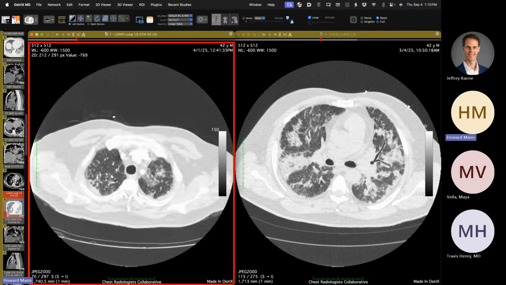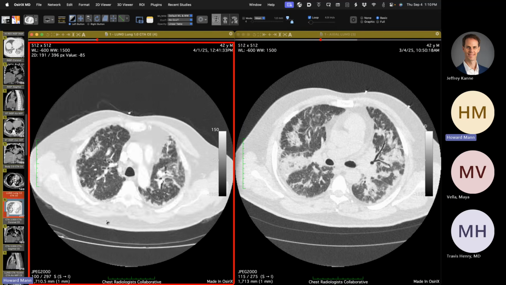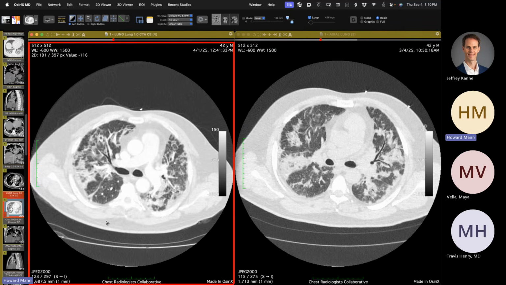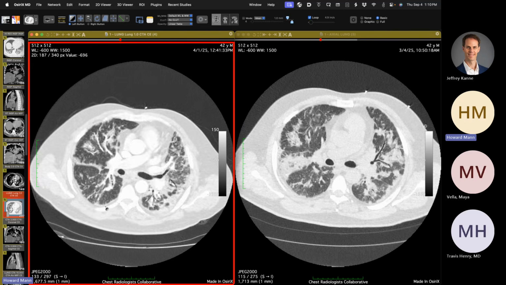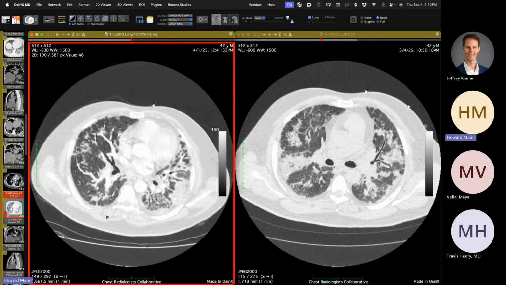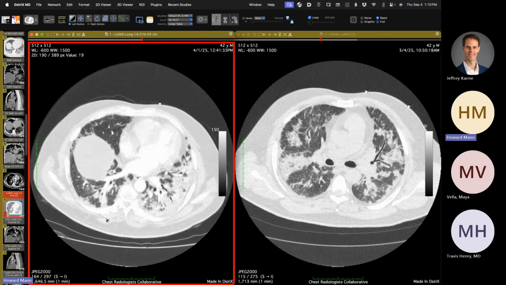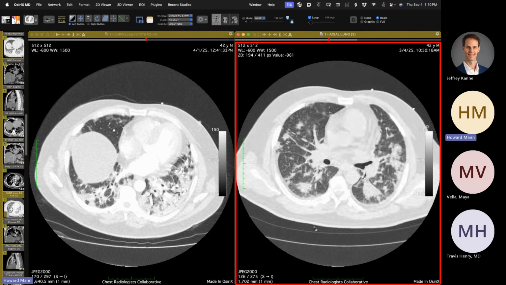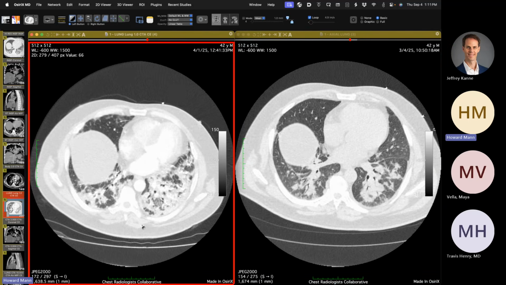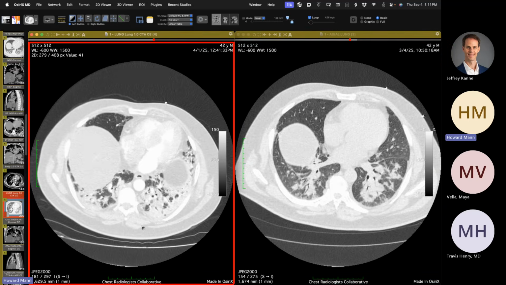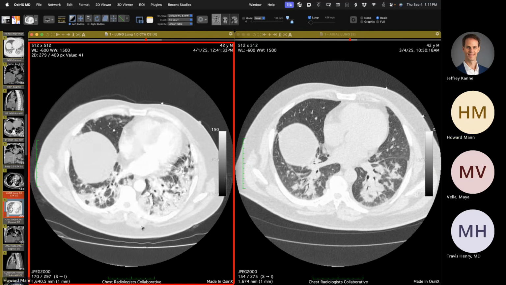And in April, we'll see that it looks a bit different, but it's certainly no better. In fact, in some areas, there are more confluent opacities. Looks like that. And the lung bases look like that compared to before. So certainly a progressive, non-resolving pulmonary disorder.